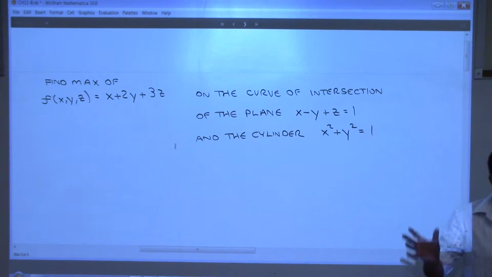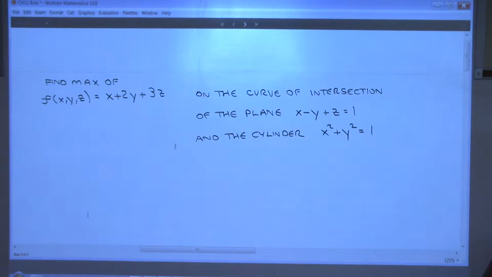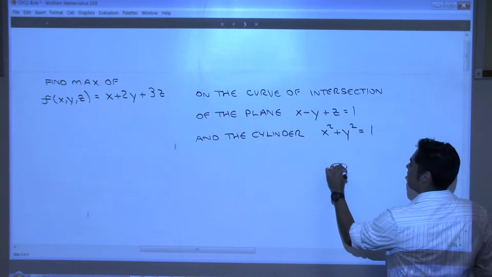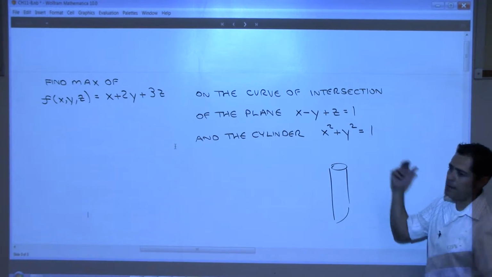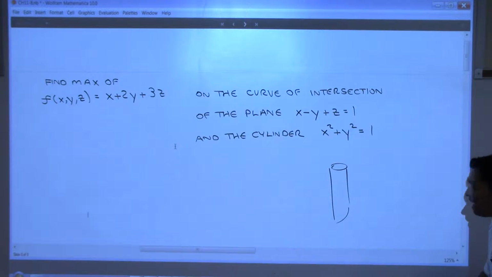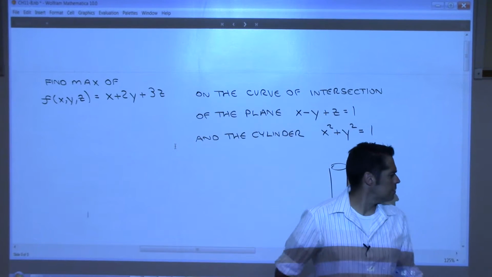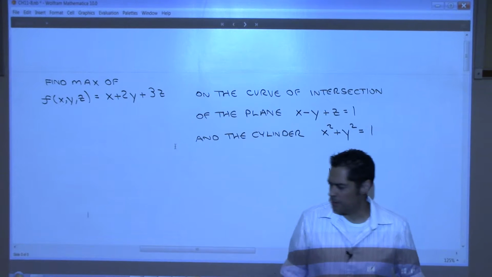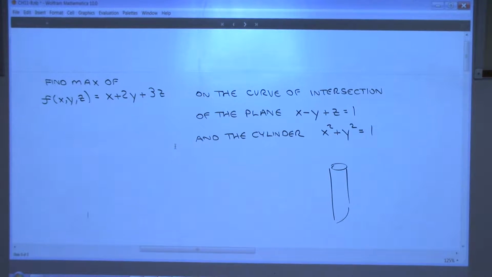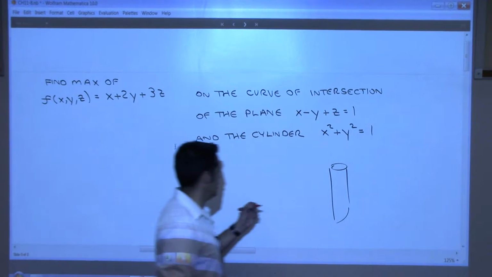Okay, so geometrically, what we have is a cylinder, right there, and we have a plane. We have a plane, right?